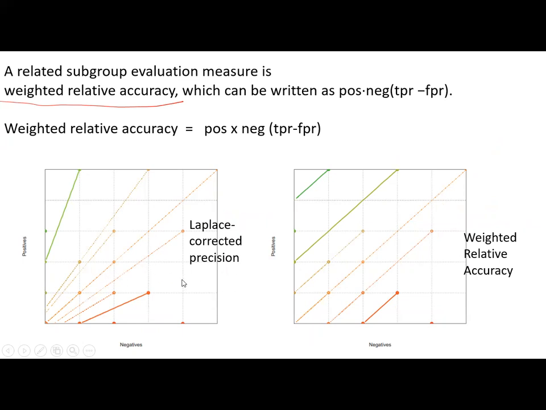If we draw the curves in coverage space, it looks like this: Laplace corrected precision, and weighted relative accuracy. Definitely weighted relative accuracy is more reliable than Laplace corrected precision.